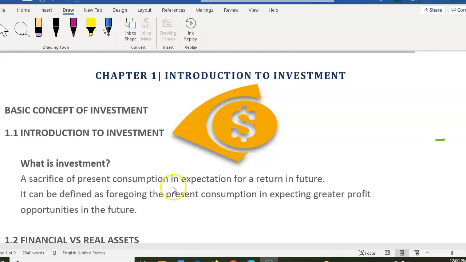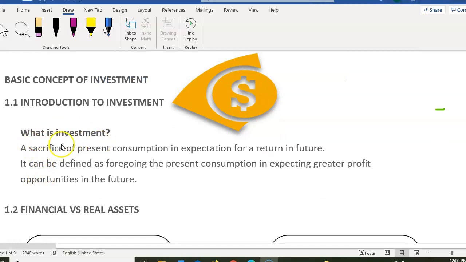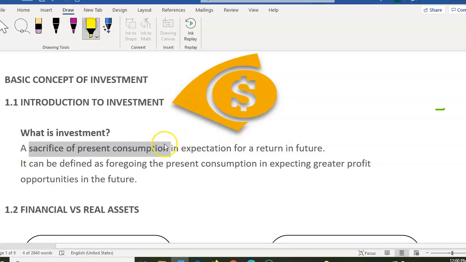Here we go. The first one is the definition of investment. So what does it mean by investment? Investment is said to be a kind of sacrifice of present consumption. We sacrifice the present consumption in expectation of a return in future.